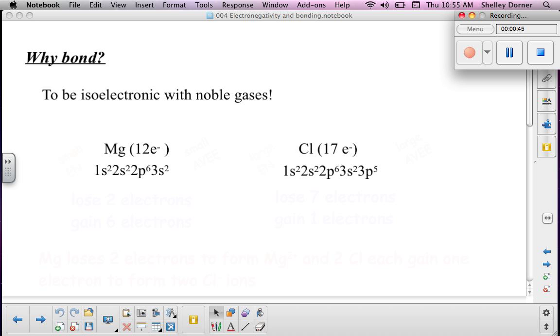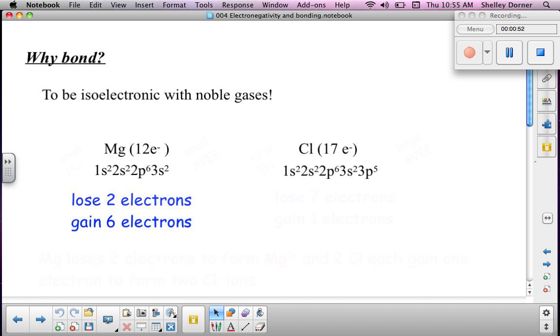Let's start by considering magnesium and chlorine. If magnesium wants to become isoelectronic with a noble gas, it really has two choices. It can lose 2 electrons to become isoelectronic with neon, or it can gain 6 electrons to become isoelectronic with argon.